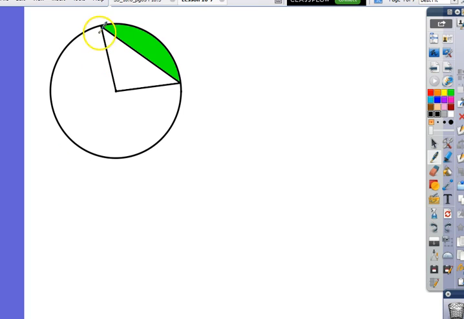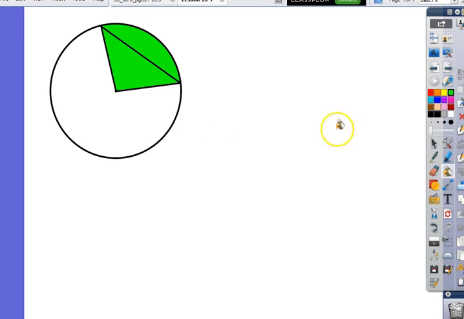You'll have problems where you find the area of the region of the segment that intercepts the circle. First of all, if I fill in this right here, what does the green area look like now? Sector. Looks like a sector. Do we know how to find the area of a sector? Yeah, because we just did it.